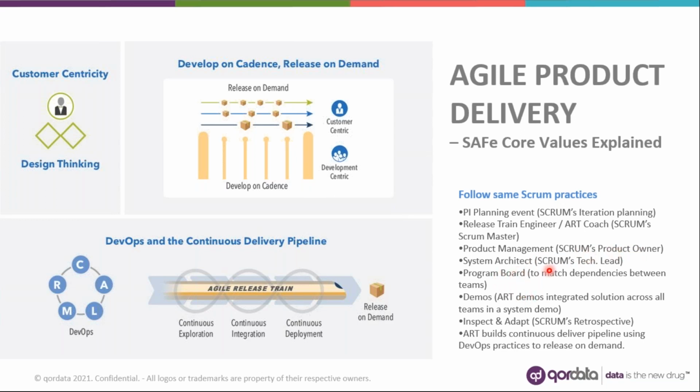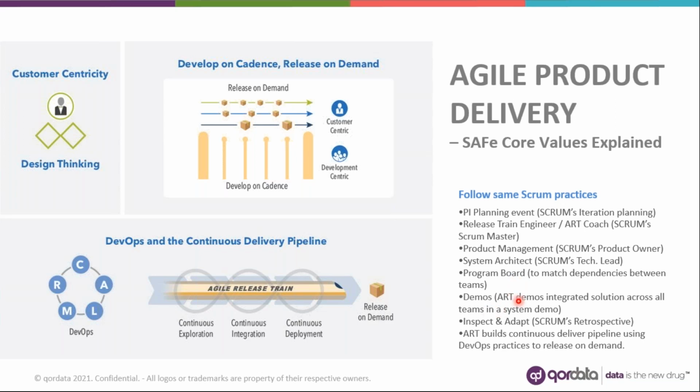System architect is basically Scrum's technical lead, and the program board is the one that matches the dependencies between teams, and it helps team members or the Agile release team members in implementing the value, that is in terms of prioritization, what needs to go into the specific stream of work.